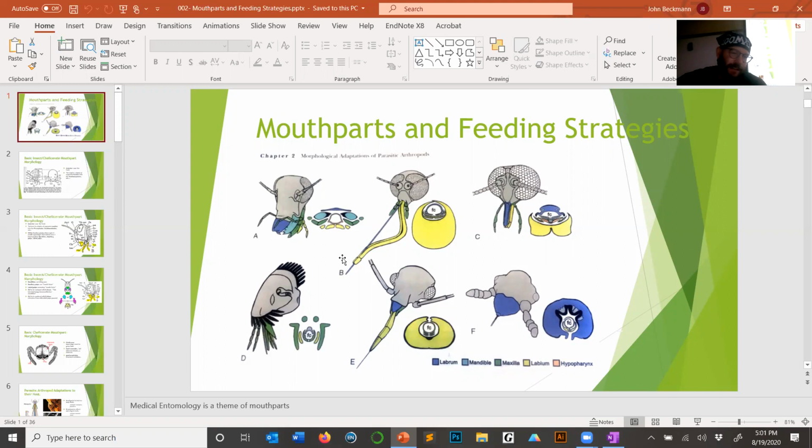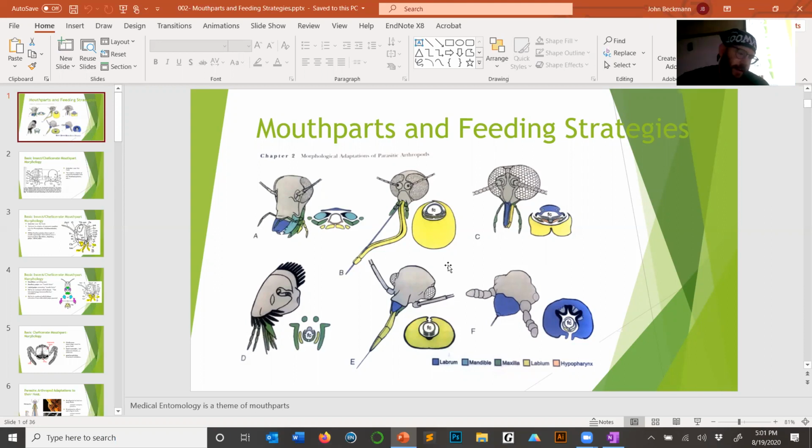We talked in the last lecture a little bit about how you do see some convergent evolution, in the sense that the same shapes start to evolve independently for insects that feed on blood, hematophagy, through various mechanisms.